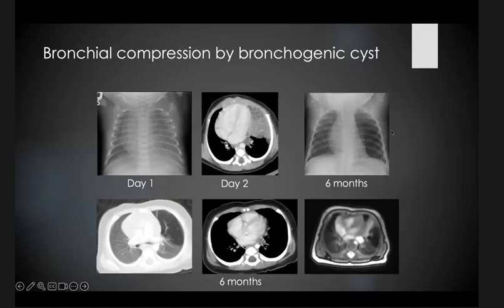And at 6 months old, you see that the part that was filled with fluid is now filled with air. You see here that lesion, which is a trapping lesion. In that particular case, we were suspecting something compressing the lingula, a bronchocele compressing the lingula and causing the trapping lesion.